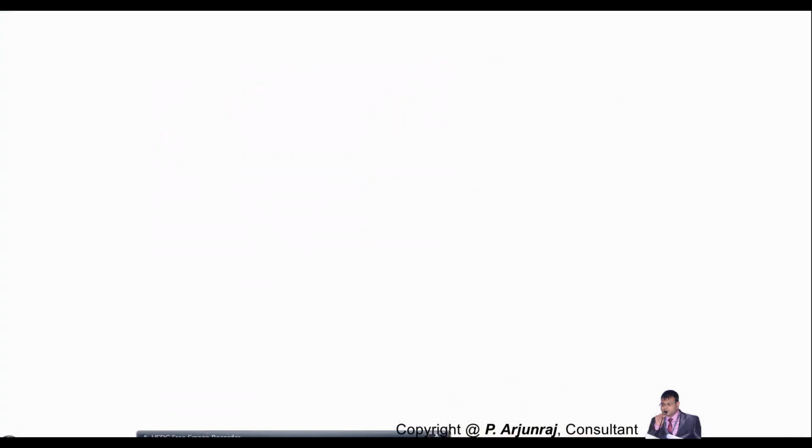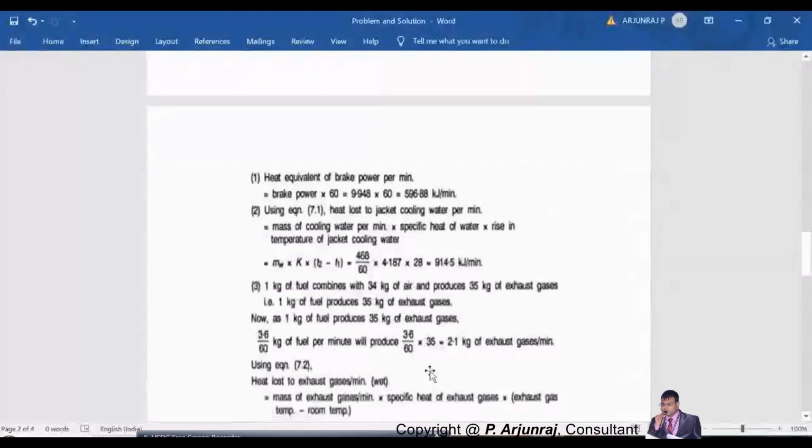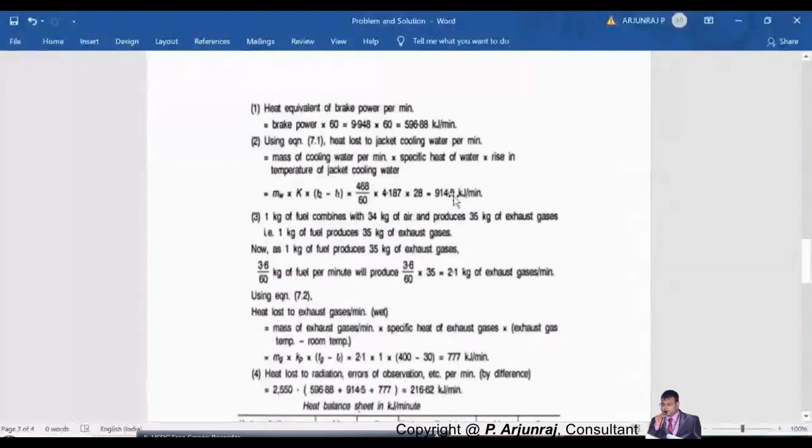The specific heat of water is 4.187, which is a constant value. This also will be given in the exam. You just use this formula and find out the heat loss to the jacket. So you get 914.